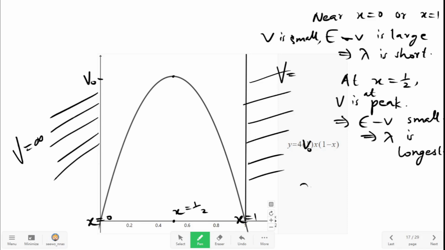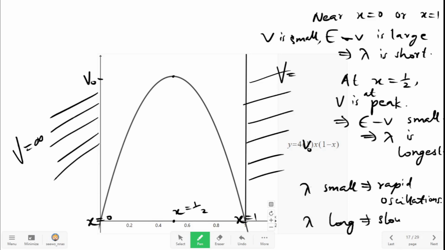Now, lambda small means rapid oscillations, and lambda large, lambda long, means slow oscillations.